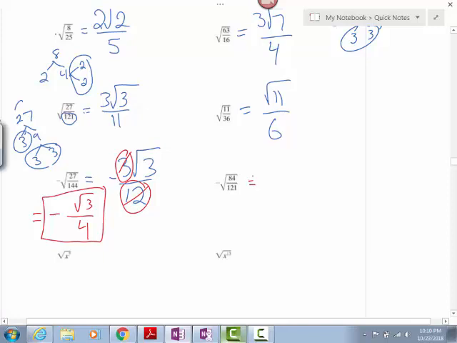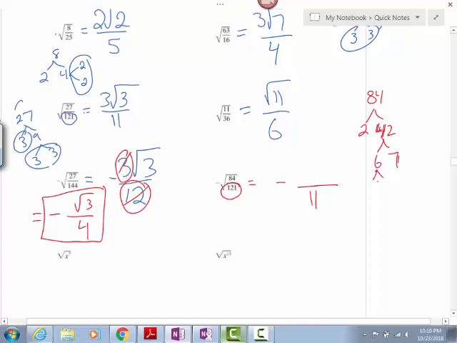All right. Again, the first thing I notice about this problem, I have a negative, so I'm going to write that down. Square root of 121 is 11. So 84, I know we can at least divide it by 2. That's 42. And 42 I know is 6 and 7.